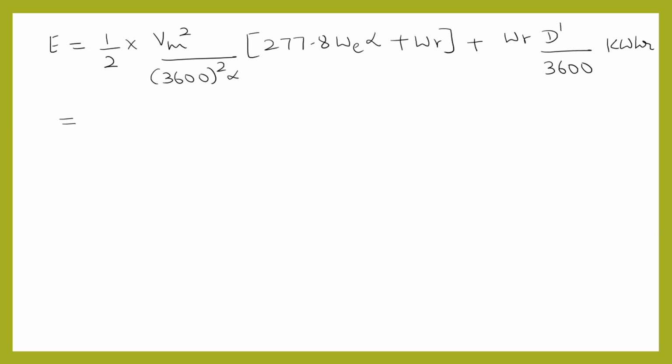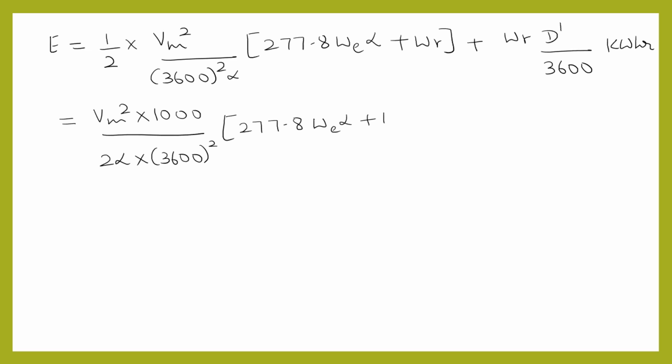So that is equal to Vm square into 1000 by 2 alpha into 3600 square into 277.8 We alpha plus Wr, plus Wr into 1000 by 3600 into D dash in watt hours.